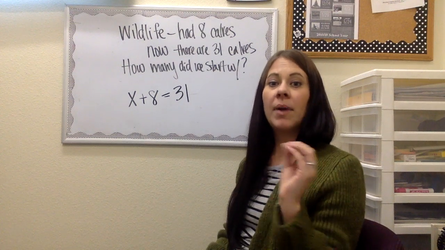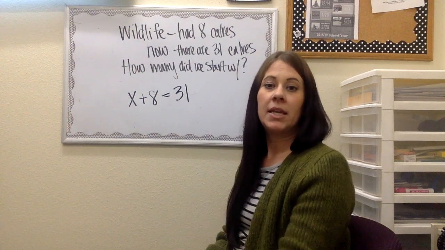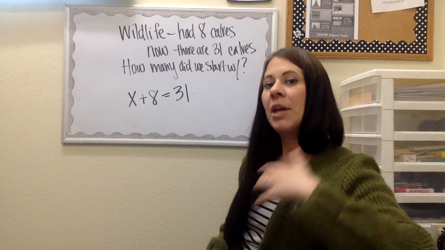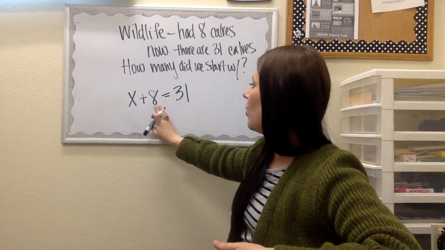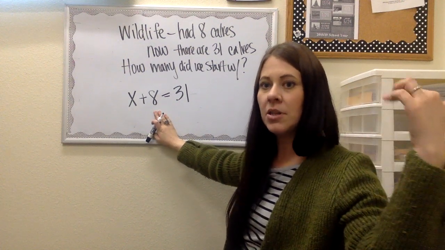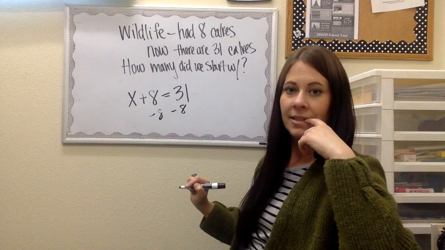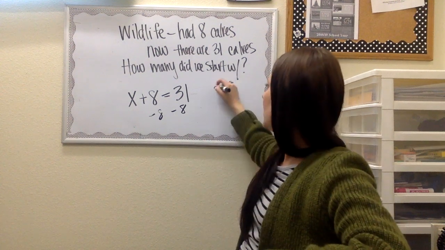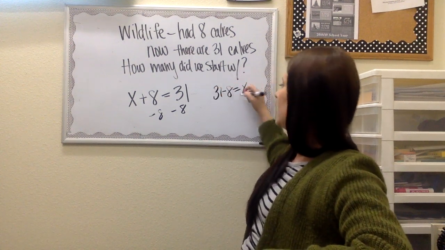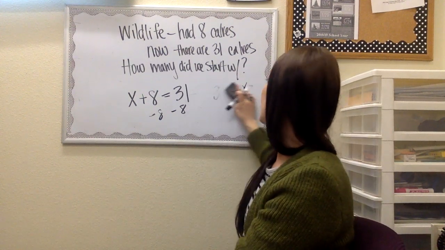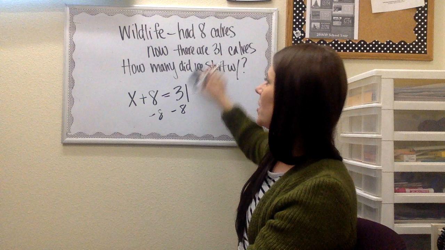A lot of you want to write 31 minus 8 equals X. And that is the math that we're doing. But I'm encouraging you to make an equation where you're forcing that person to use opposites, which would be minus 8 on both sides. So instead of just giving them the answer and telling them that they need to do 31 minus 8, try to write the equation based on the situation they gave us.